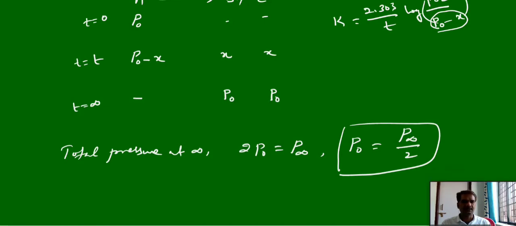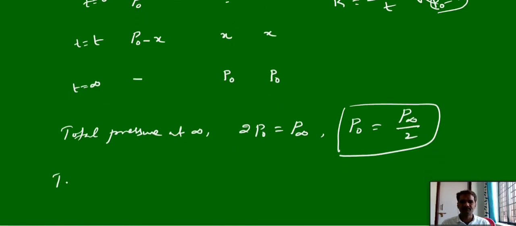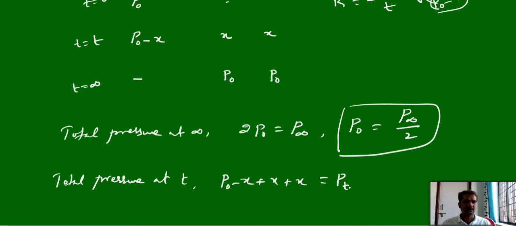Second one, the total pressure at time t. What is the total pressure from this reaction? It is P naught minus x, the pressure of reactant A, plus the pressure of product B and the pressure of product C. That is equal to Pt, the total pressure at time t.